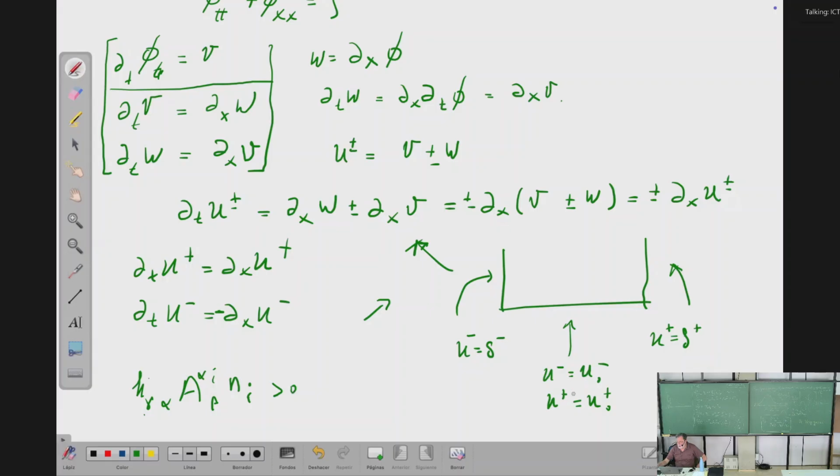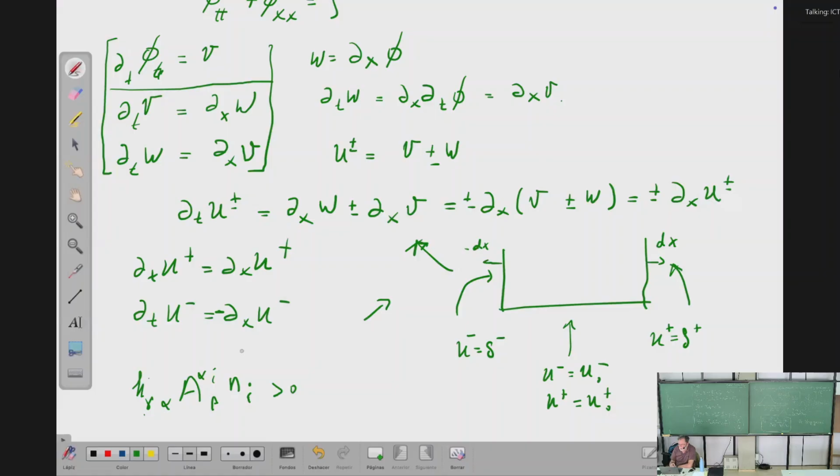So here you have to give both. And here there is only one that is positive, so you give this one, and here there is only one that is negative, so you give this one. Because on this side, remember, you have to multiply by dx, which is the outgoing normal, and on this side you have to multiply by minus dx. That's why there is a sign change here. So this minus becomes plus, and you get the correct sign.